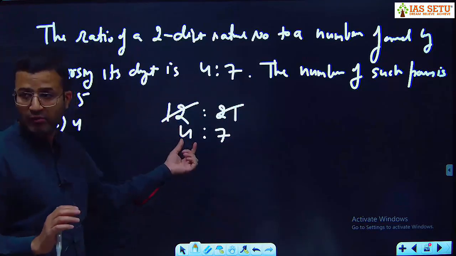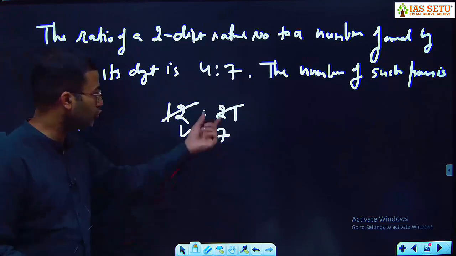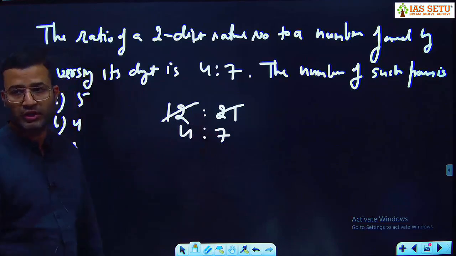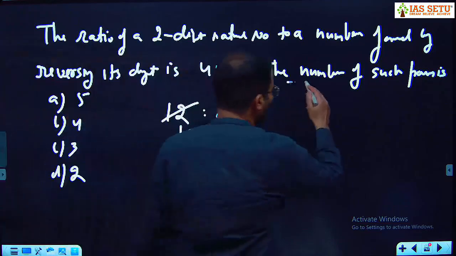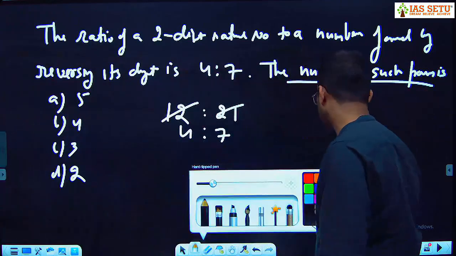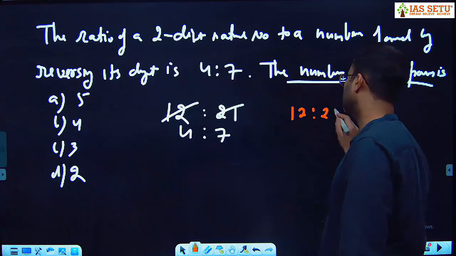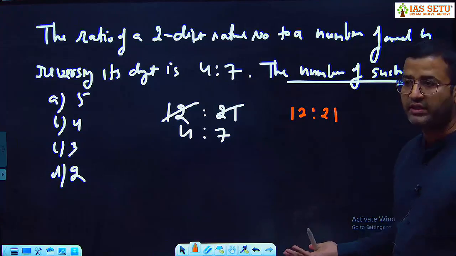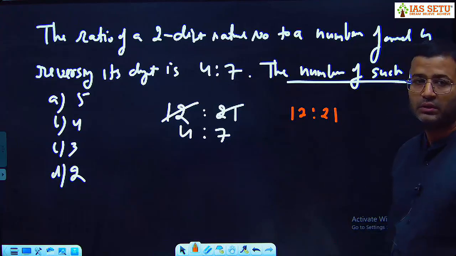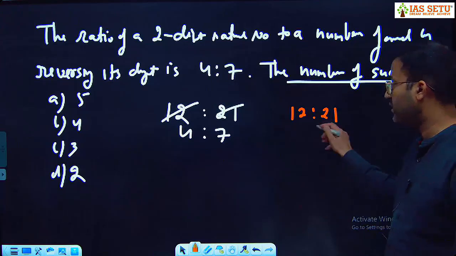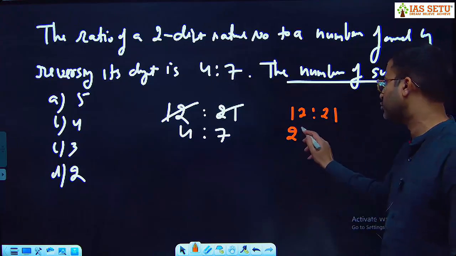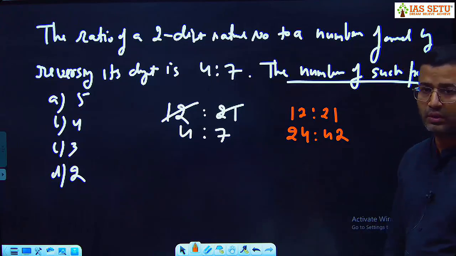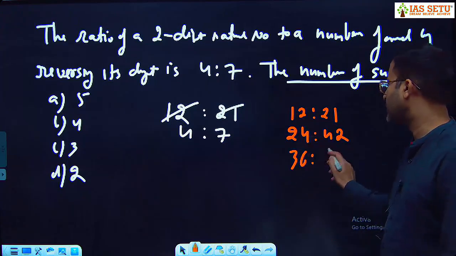When you take 12 and reverse it, you get 21. Divide by 3, your ratio is coming 4:7. So one pair is 12 and 21. If you take multiples of this, we get the same ratio. If you keep multiplying by 2, the ratio will remain the same. Next numbers are 24 and 42. Next are 36 and 63.